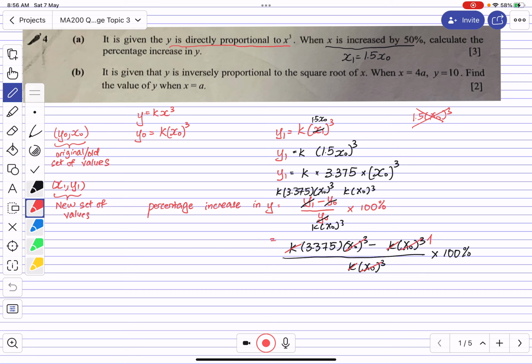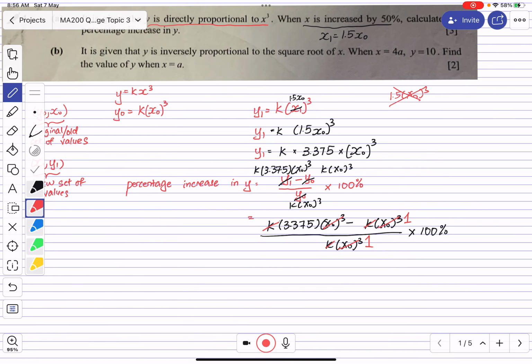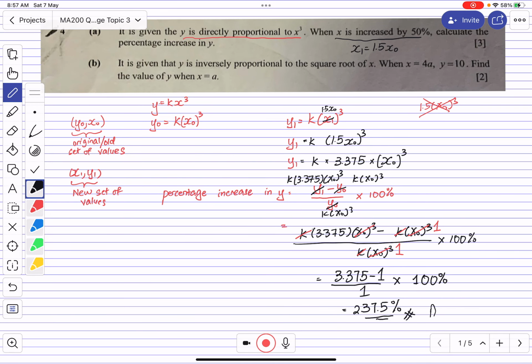So I'm left with 3.375 minus 1 over 1, multiplied by 100%, which gives me 237.5%. So this is the percentage increase in y, and this is the answer for part A.